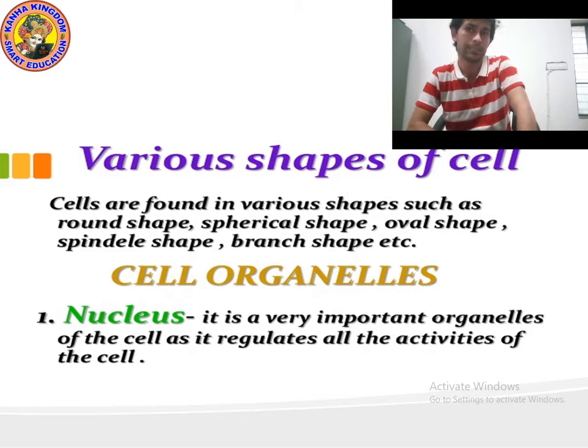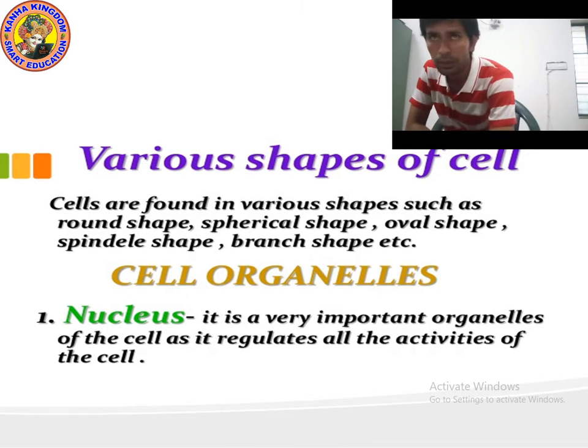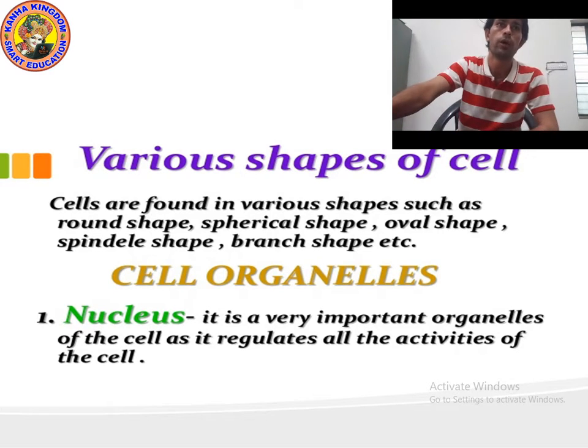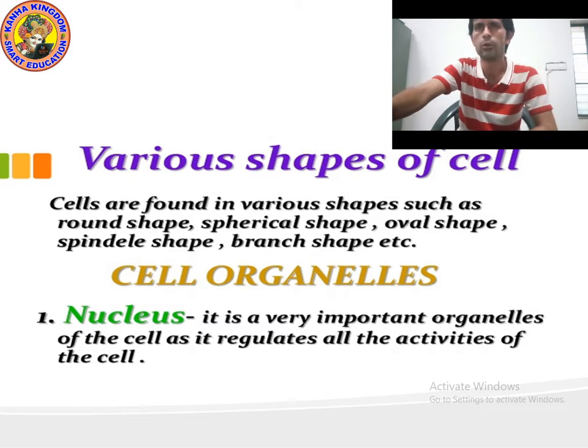Okay kids, now let's discuss the various shapes of cells. Cells are found in various shapes. So as you can see on the screen, tell me the names of different shapes of cells.